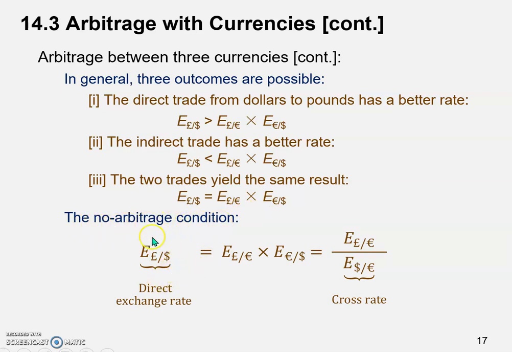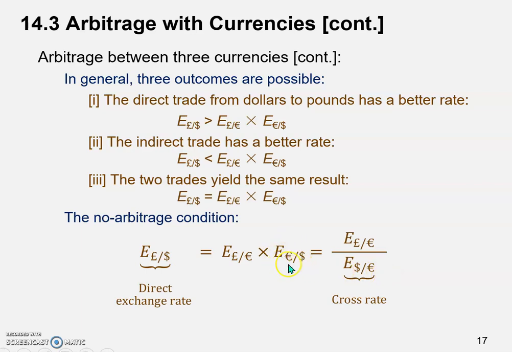So again, if you do the direct exchange between dollars and pounds, this is the ratio you get, or you take an indirect way to get there. You get the euros first and then convert the euros to pounds. So you're going to get this product. Now here we do a little math trick.